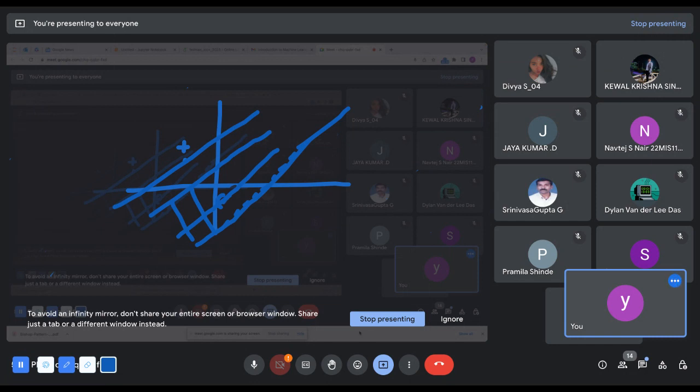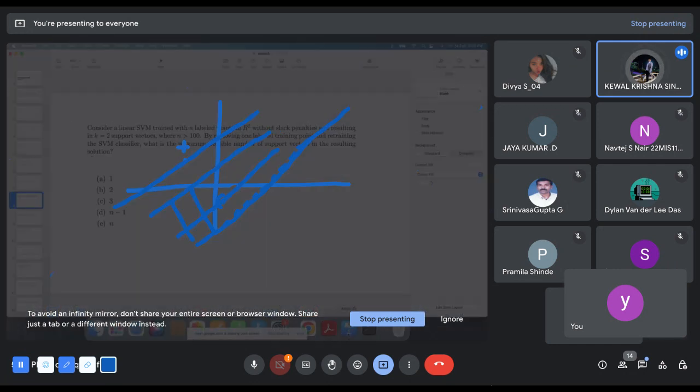That's why I removed the one closest to the hyperplane. But in the question, there is nothing written that we are impacting any closer data point. Removing one training point has not done anything.